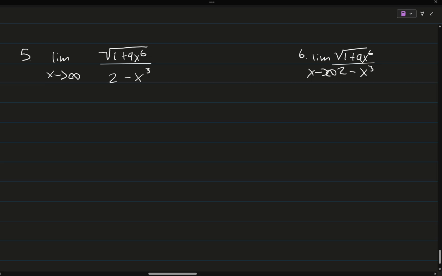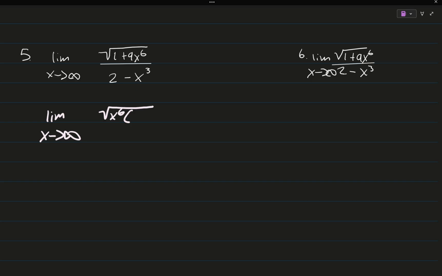In these questions, I'd like to try to take out the greatest common factor. In this case, from the limit as x approaches positive infinity, the highest degree will be x to the power of 6.